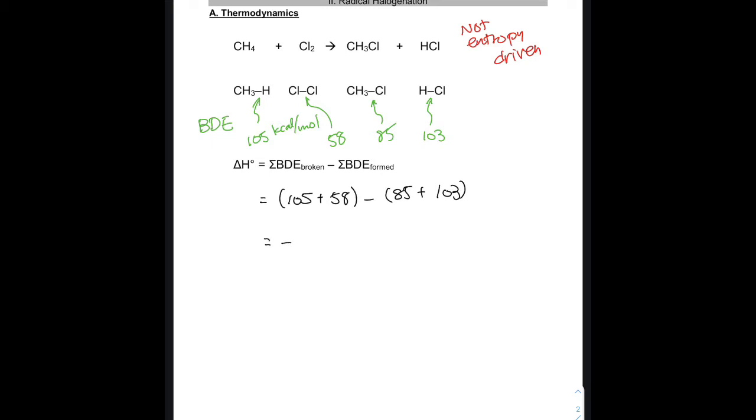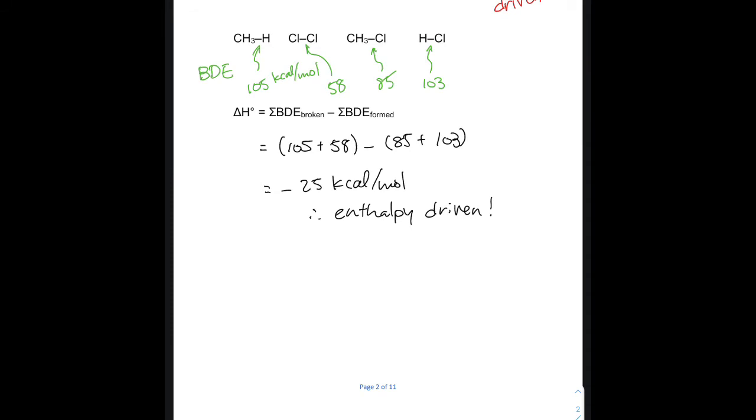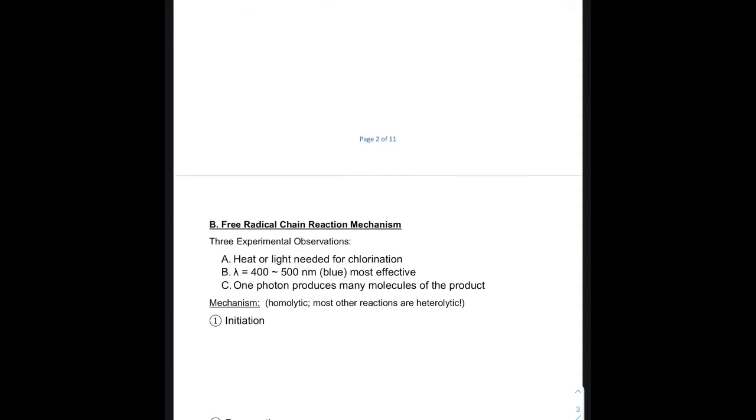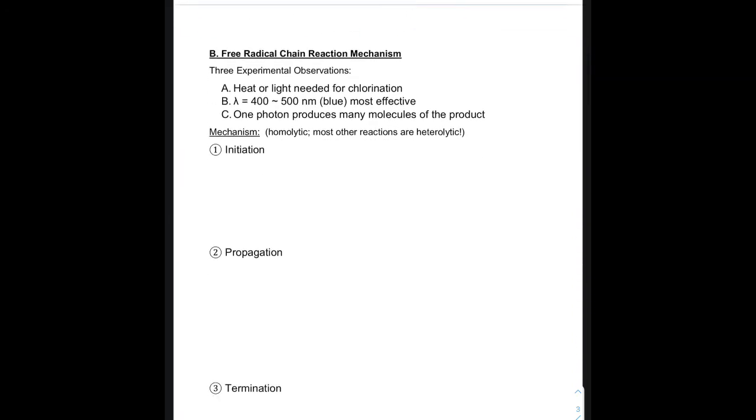So you can tell that this comes out to be a negative value for enthalpy. And so this reaction is enthalpy driven, again mainly because the chlorine-chlorine bond is pretty weak. That's the driving force here.